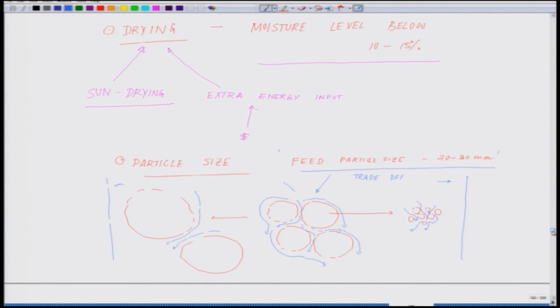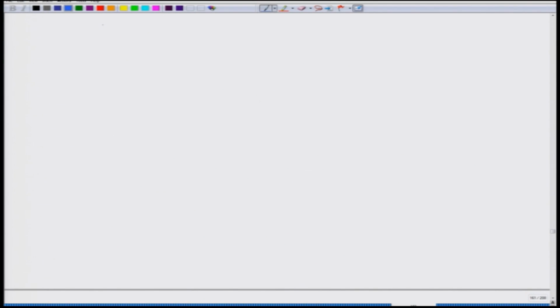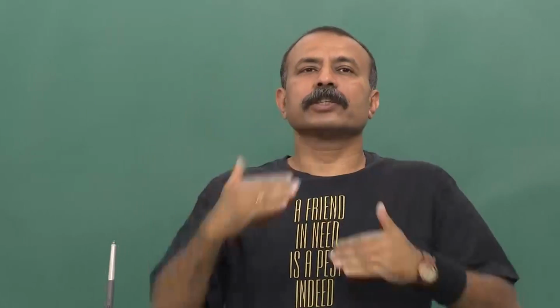The third aspect is fractionation. So, what is fractionation? As the name indicates, you are fractioning the system.